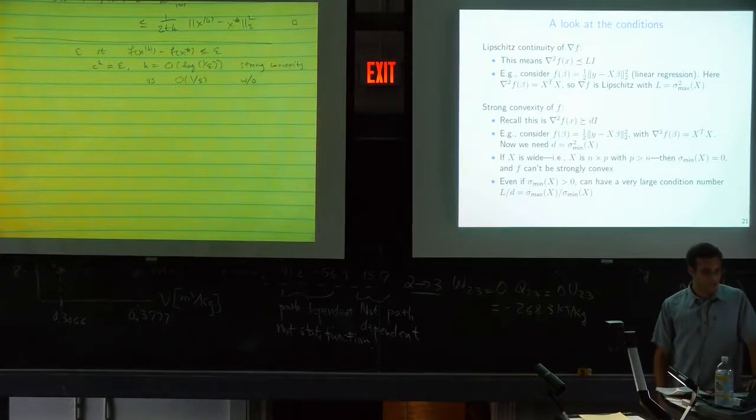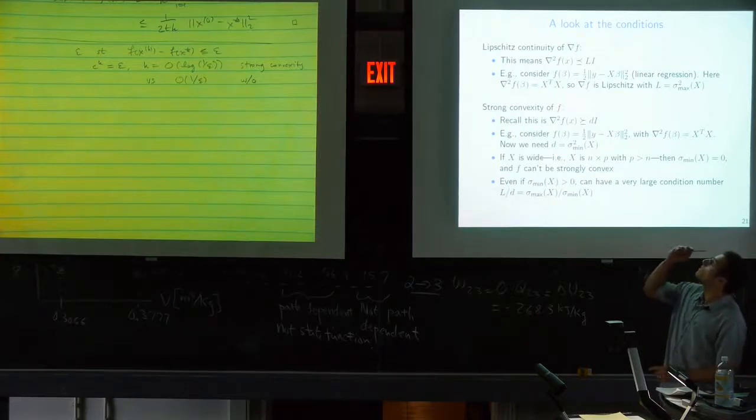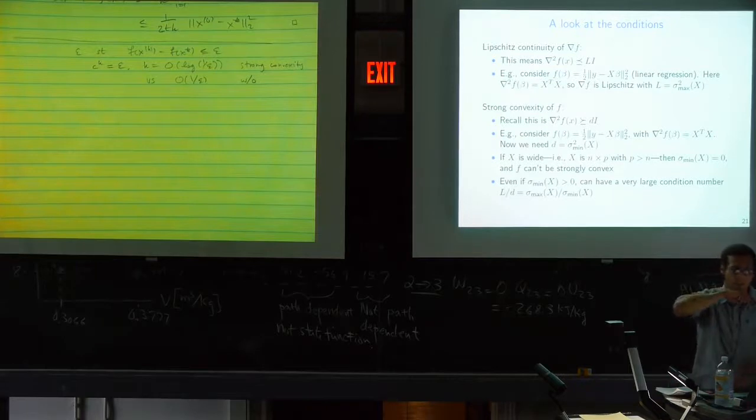So here's a quick look at the conditions, and then we'll take a break. Lipschitz continuity of the gradient, remember, means that the biggest eigenvalue of the Hessian is upper bounded. So let's consider our favorite example, right? If f is just the least squares loss, so we're doing linear regression, you want to minimize f. Here beta is our optimization variable.